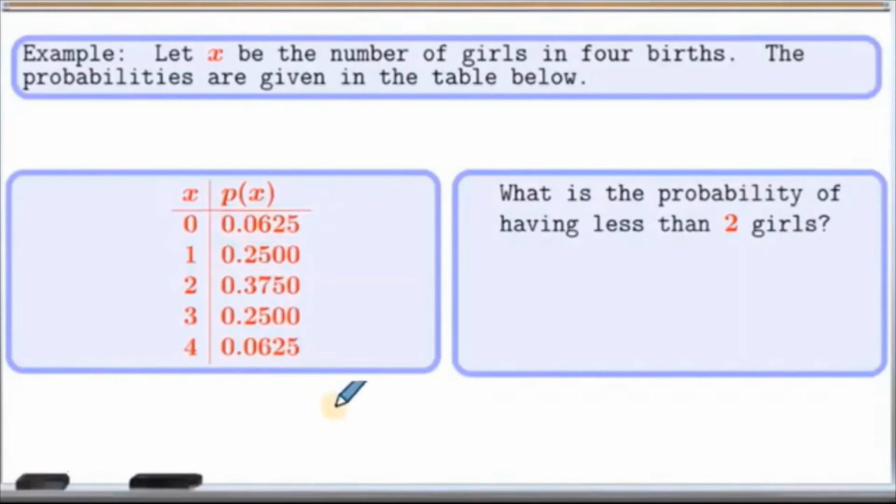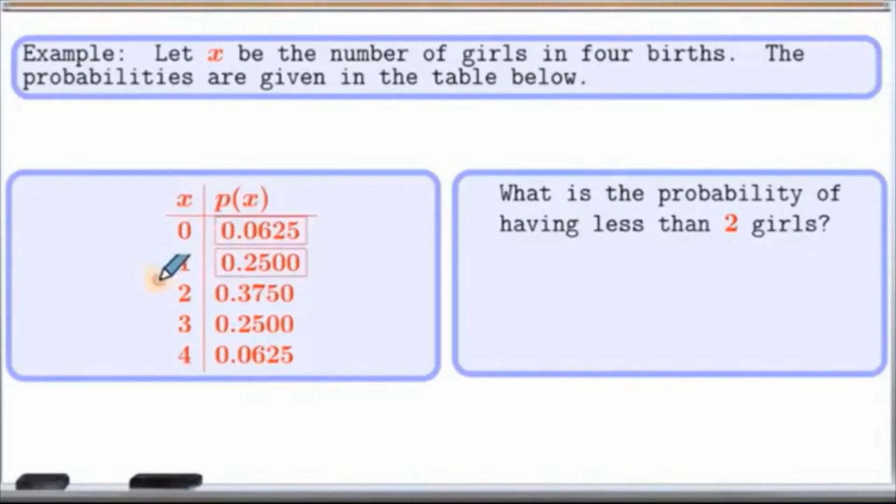Here we need to find out the probability of having less than 2 girls. So we look at probability when X equals 0 or when X equals 1. We'll be looking at these two probabilities, which is probability of 0 plus probability of 1.